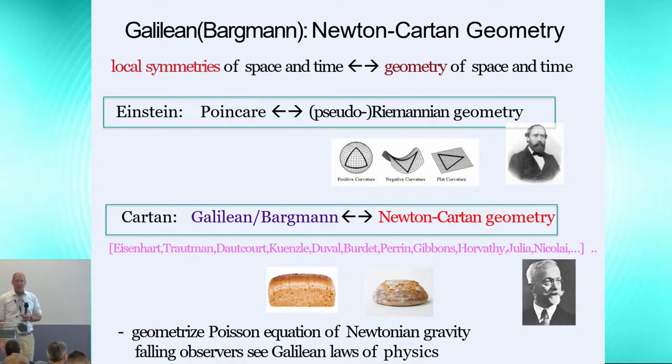He realized that Einstein geometrizing gravity is a consequence of insisting on diffeomorphism invariance. That's not a unique property of GR. You just have to change the tangent space symmetries to Galilean, or rather Bargmann symmetry. And he managed to geometrize the Poisson equation of Newtonian physics using that geometry.